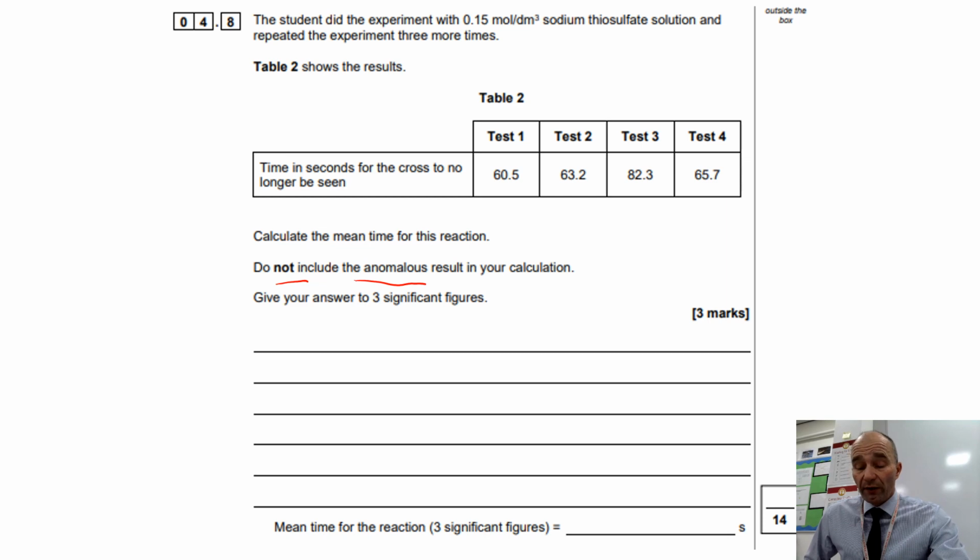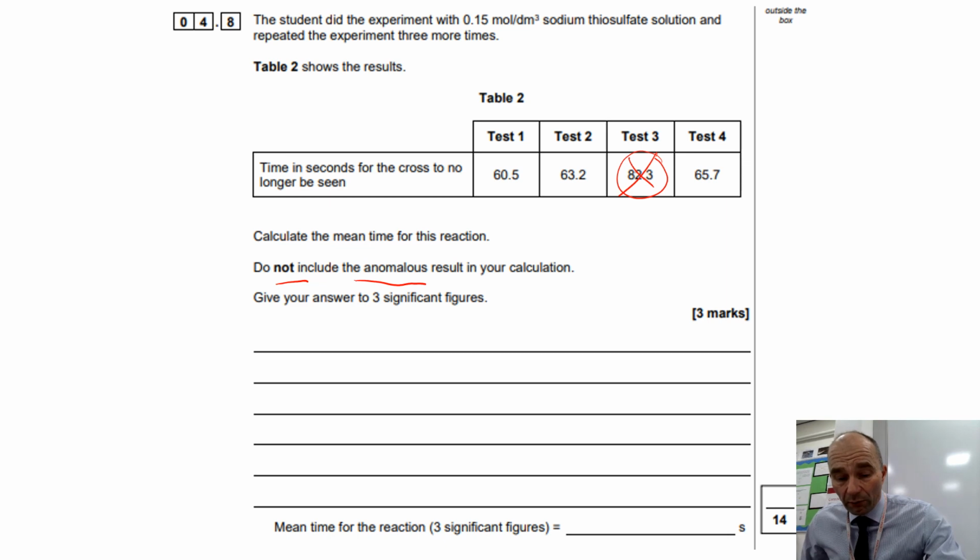This is why we repeat tests, to help us identify anomalous results. Here you can see you've got three numbers around about 60 odd, you've got a number at 82.3. That clearly does not fit the pattern. So that is our anomalous result, so we discount it when we calculate our mean value.